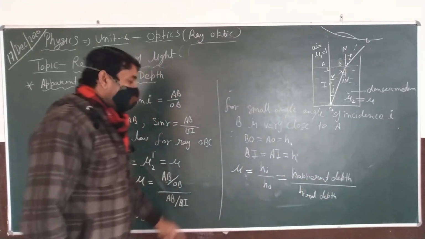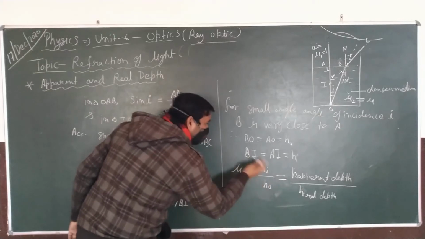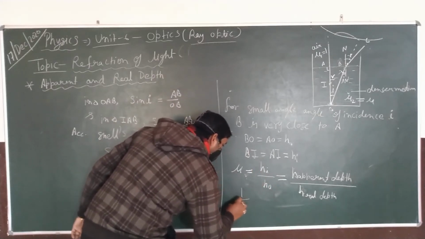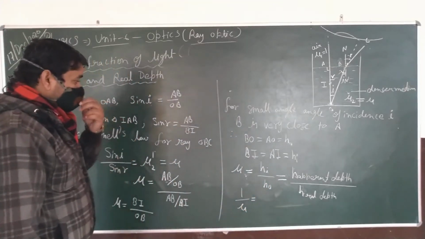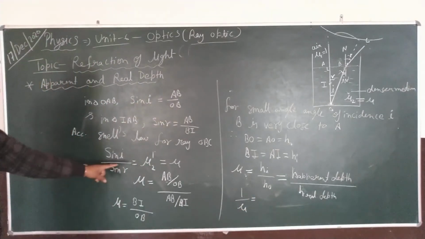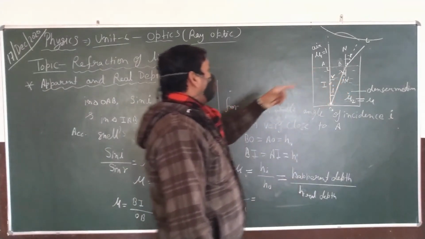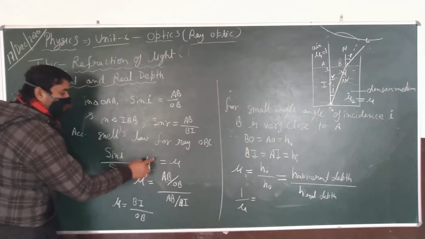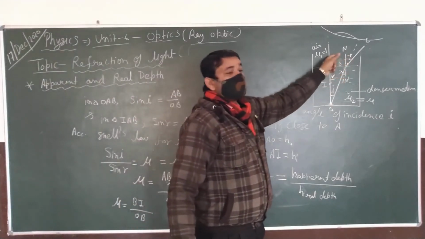Real depth. Okay. Therefore, by taking the reciprocal of it, we get 1 upon mu is equal to... Here we are using I in the denominator, and this is not 2 with respect to second, because the responsible medium is air.